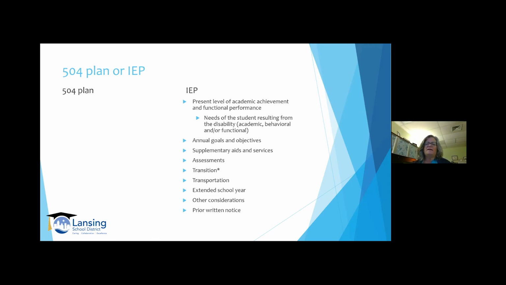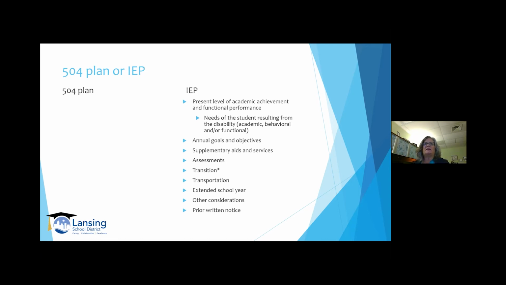So once we have the present level of the IEP developed, then we look at what kind of goals and objectives the student is going to work on for the next year. And the IEP is good for a full year, a full calendar year, 365 days. So we want to talk about what kind of goals and objectives we are going to work on, and they must be measurable.